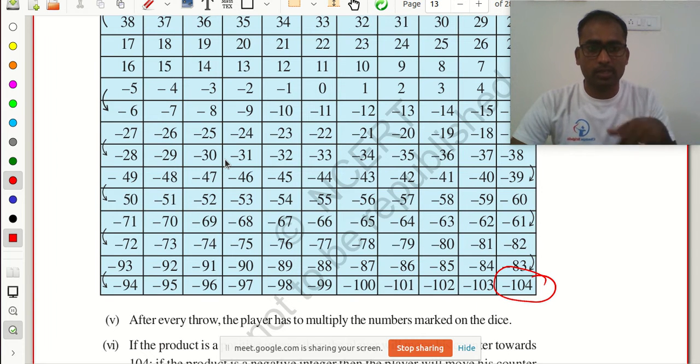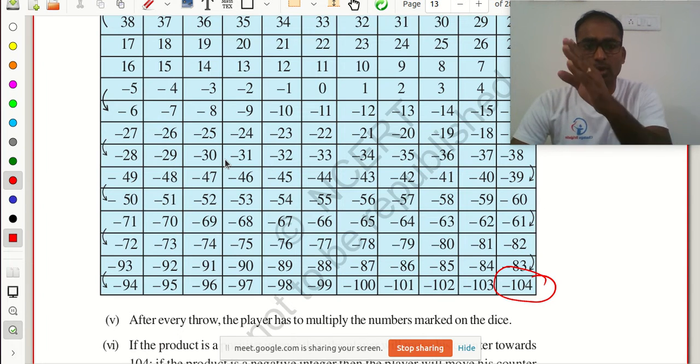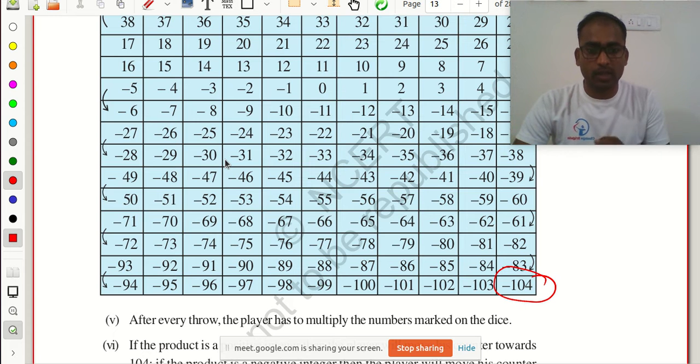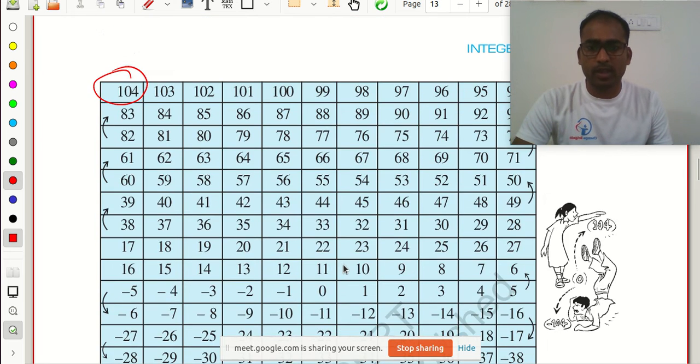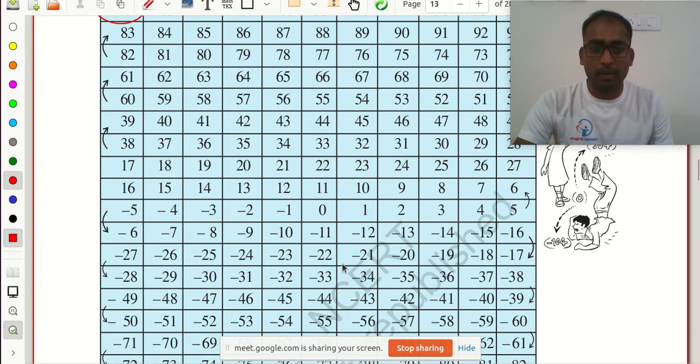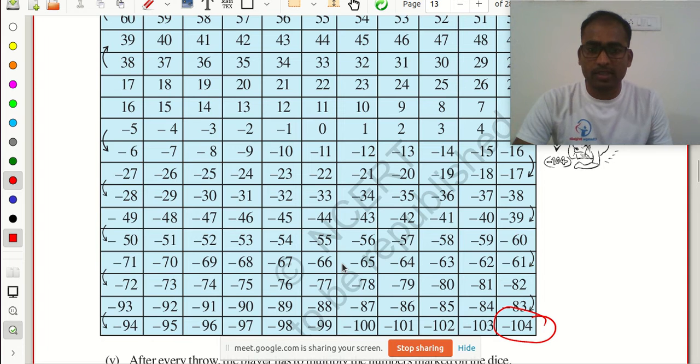Next I will do the product of the 2 numbers. If I get a positive product, then I will go through the positive 104. Suppose I get a negative product, then I will go downward, in the minus 104 way. Understood? This is a simple game, and you need to understand the multiplication. For that only this game is there. So 0 is starting from here.